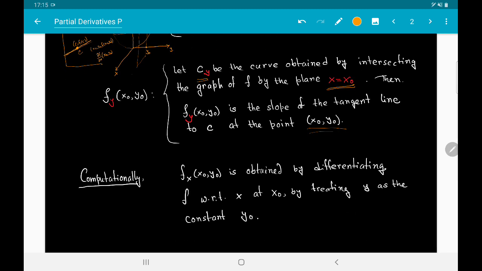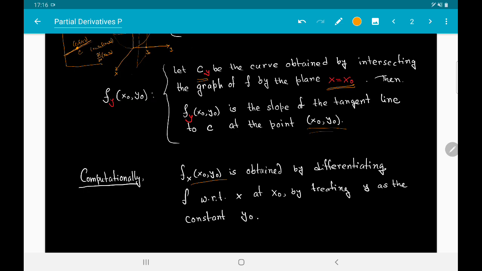So computationally, how do you compute the partial derivatives of f at x0, y0? I'm going to talk about fx of x0, y0, or del f del x at x0, y0, and del f del y at x0, y0, or fy of x0, y0, can be defined analogously in terms of y.